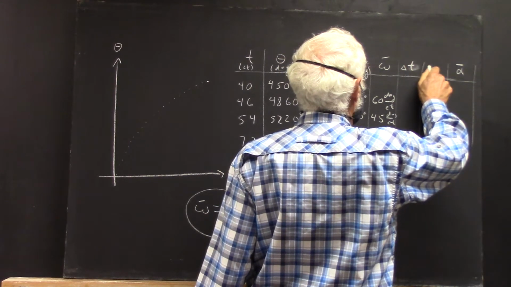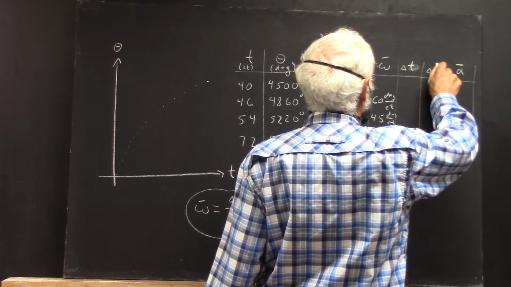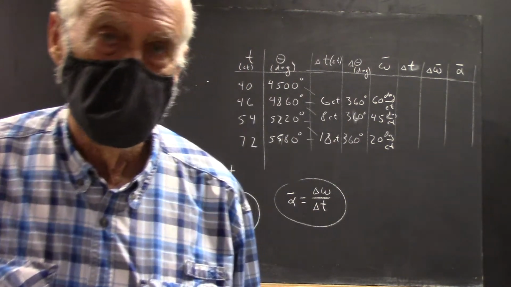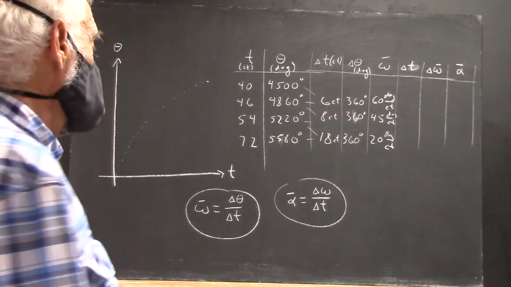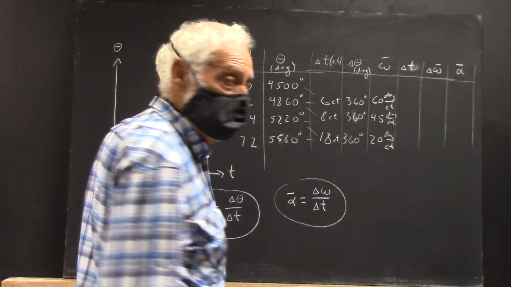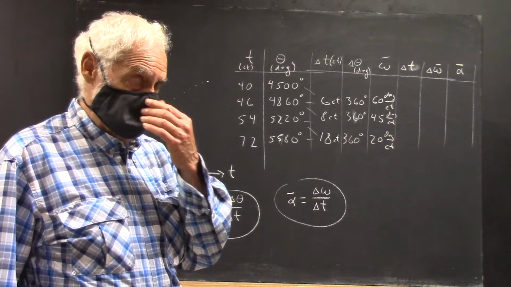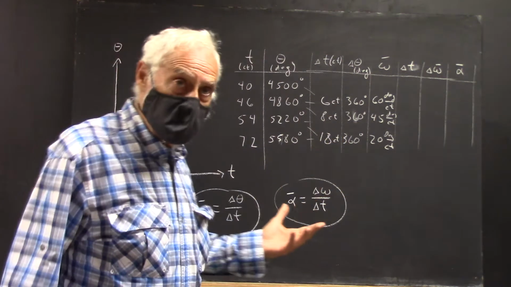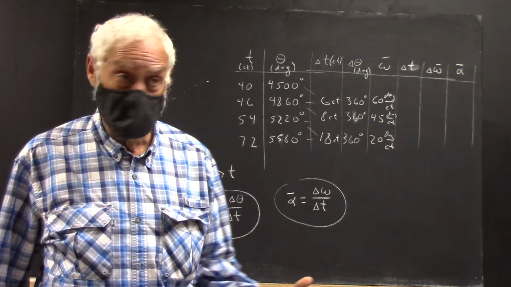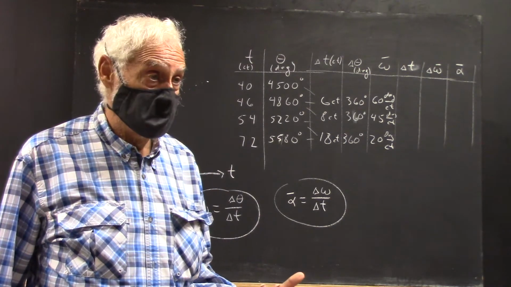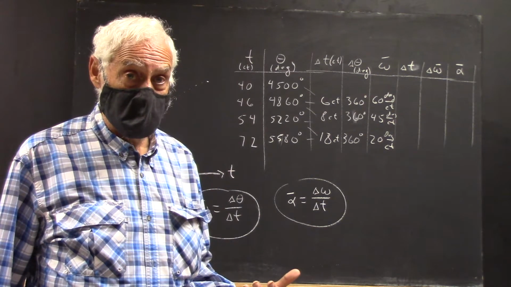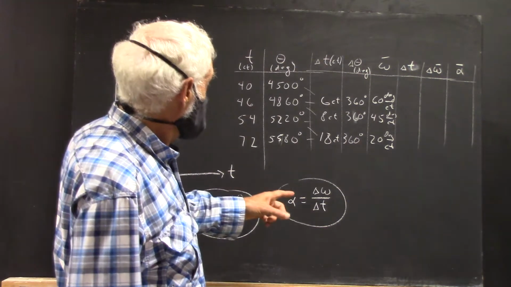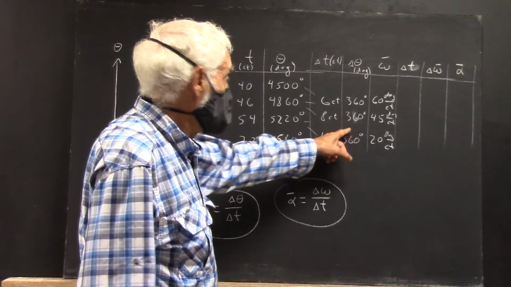We're going to need a delta T and a delta omega bar. Well, what's the first delta omega bar? Well, what column do you look at to find the change in omega bar? What column did we look at to find the change in theta?